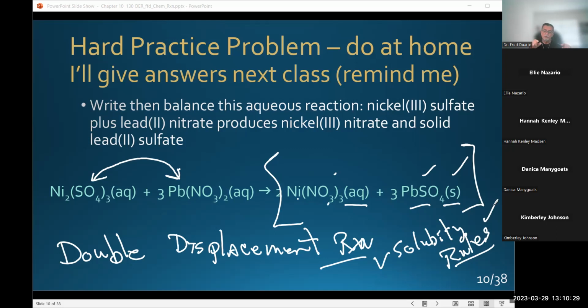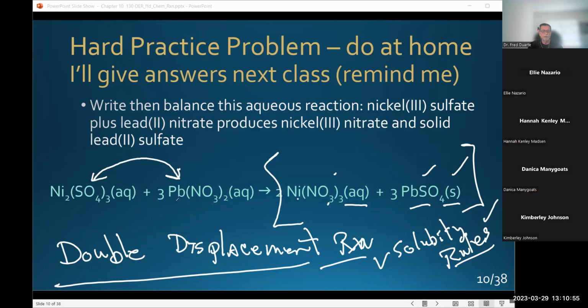If both of the new products are still soluble by the solubility rules, then there's no reaction. And that's how we can determine if a double displacement reaction occurred: if one of the products is insoluble in water.